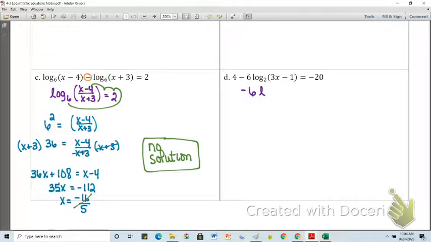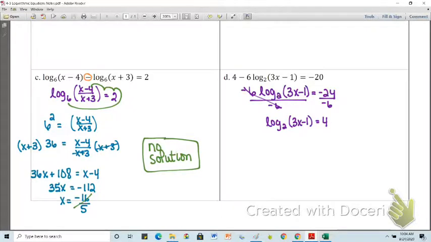I get negative 6 log 2 of 3x minus 1 equals negative 24. I need to divide by negative 6. I cannot have anything out front. So I get log 2 of 3x minus 1 equals 4.